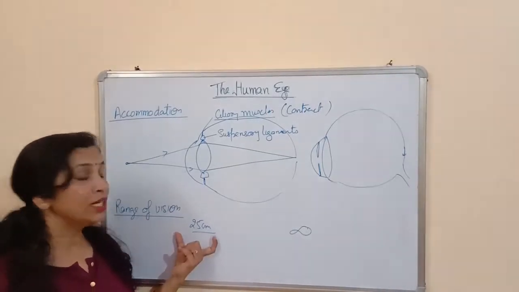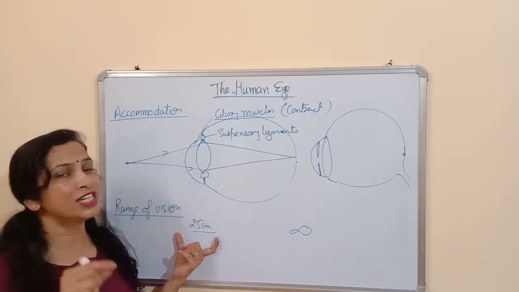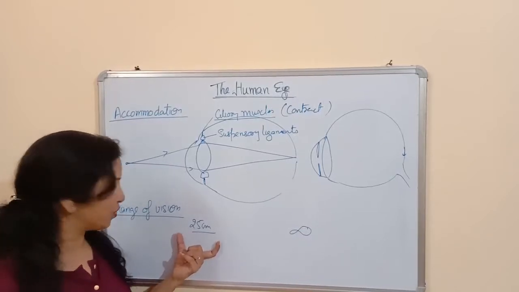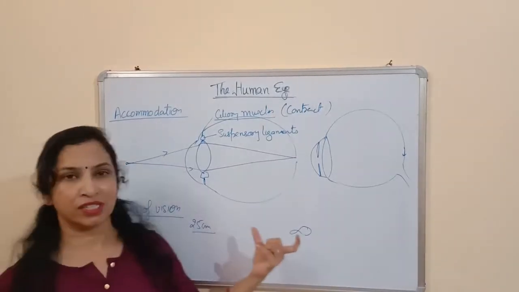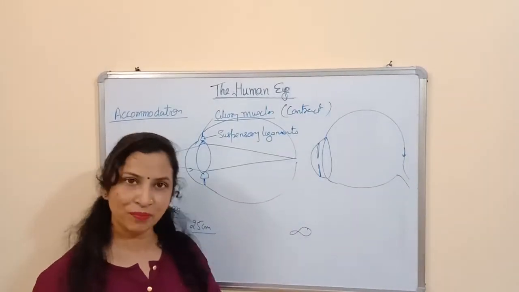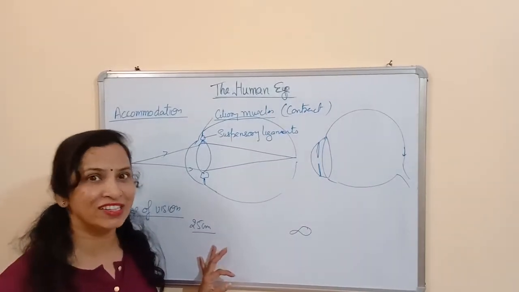This is also called the distinct vision, okay, I just forgot the name. Okay, it doesn't matter. So this is the range of vision from 25 centimeter to infinity. Okay, the name is least distance of distinct vision.